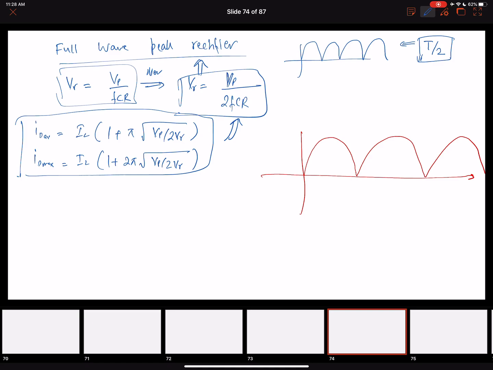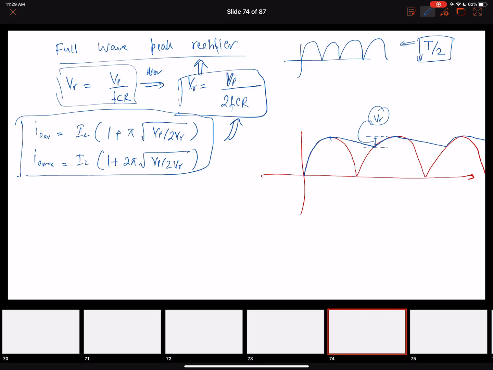So it is going to charge, then it is going to discharge over here, charge again, discharge over here, charge again, discharge, and again. This is your ripple voltage.